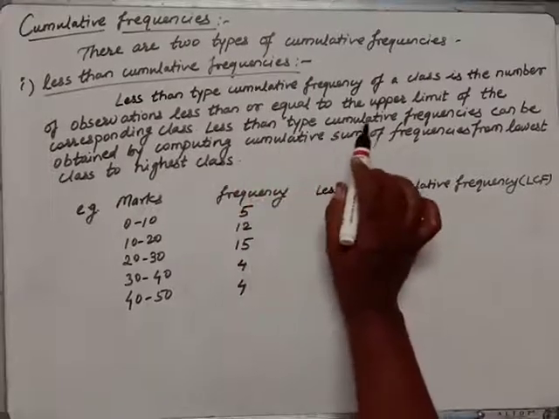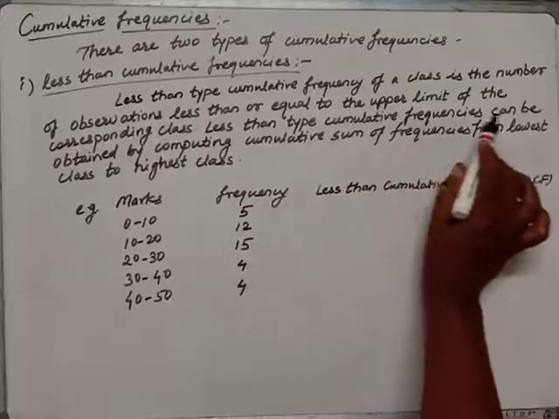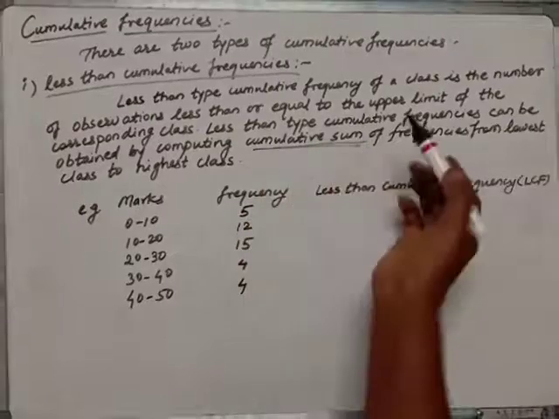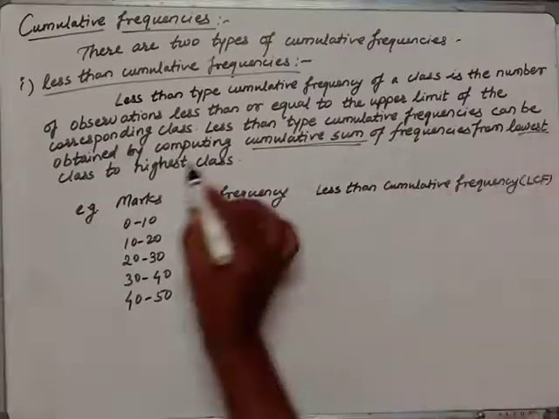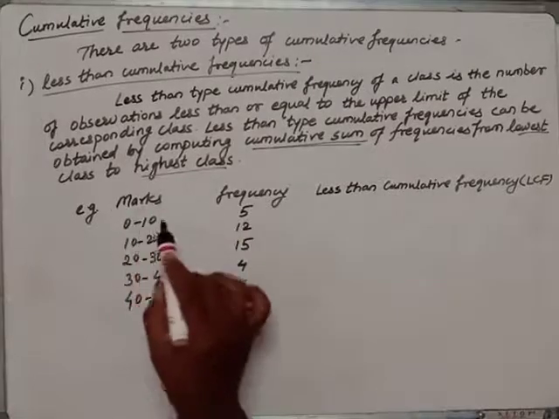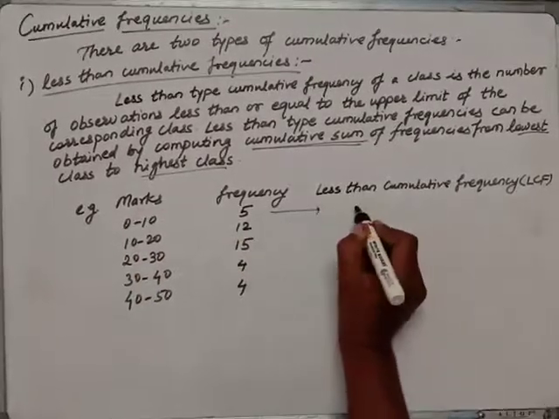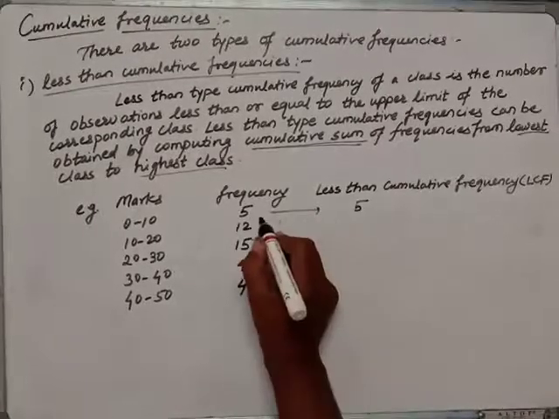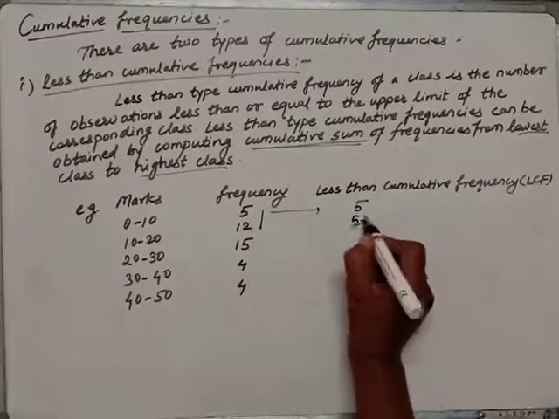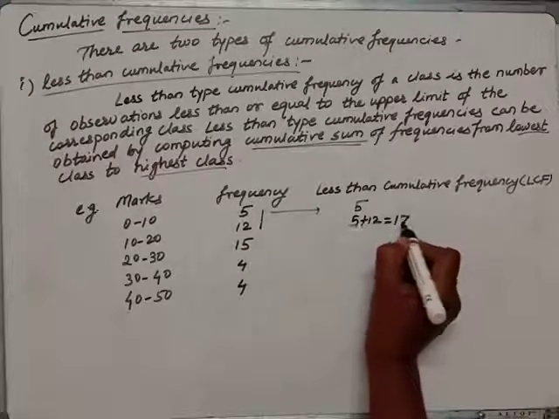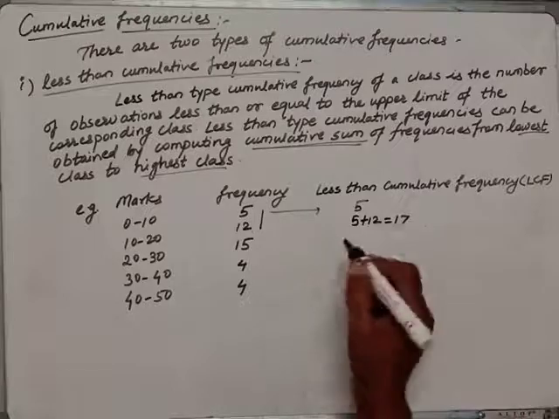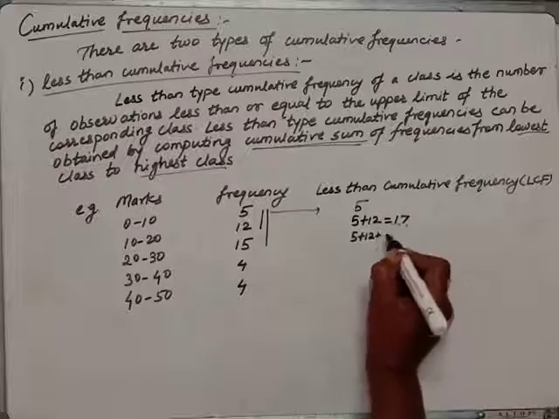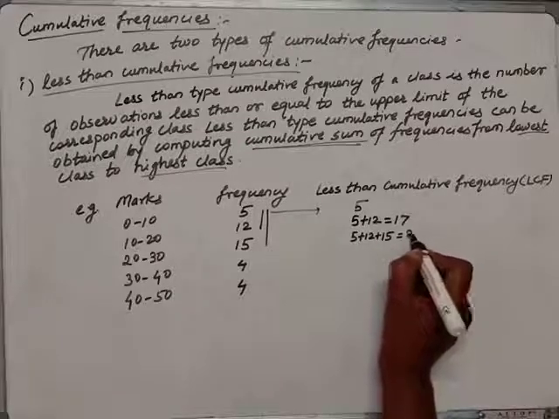Now here it is said that less than type cumulative frequency can be obtained by computing the cumulative sum. Cumulative means continuous sum of frequencies from lowest to highest class. So the lowest class is this one, and the cumulative frequency of this class is 5 itself. For the next class it is 5 plus 12, so it is 17. Then for the next class it is the sum of these three, 5 plus 12 plus 15, so it is 32.